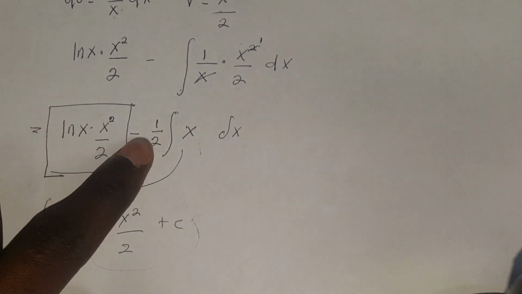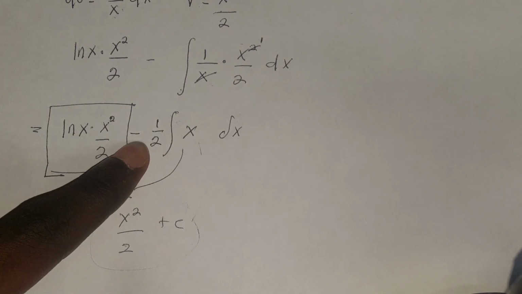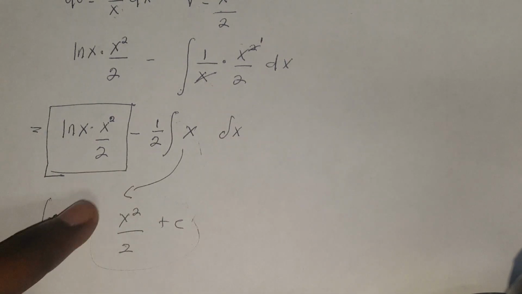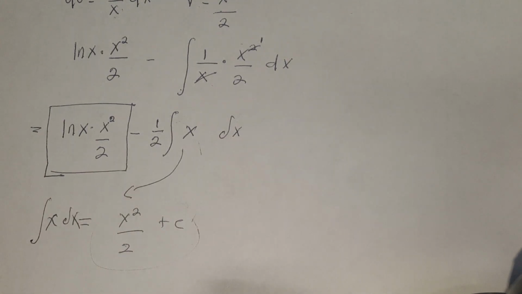So we just have to put this right there. But remember, we have our half in front. So we will have natural log of x multiplied by x squared over 2 minus 1 over 2. Then we multiply that by this, which is x squared.